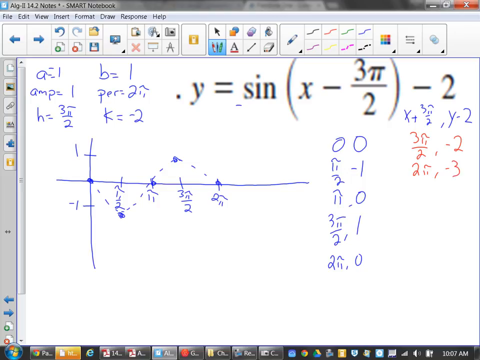Next one would be at 5 pi over 2, -2. 6 pi over 2 is 3 pi, -1. And then that would be for 7 pi over 2. So we have 3 pi over 2, 4 pi over 2, 5 pi over 2. It's nice when they're all in a row like that.